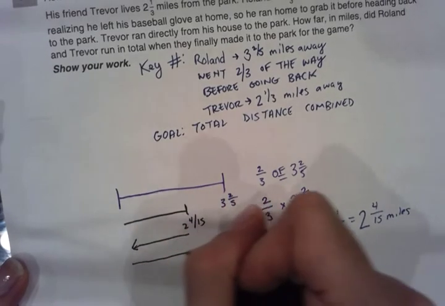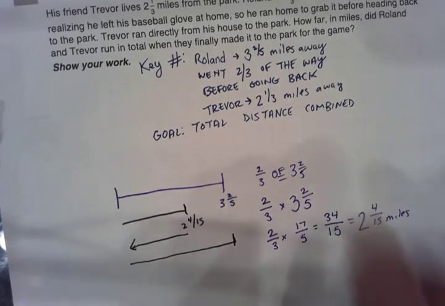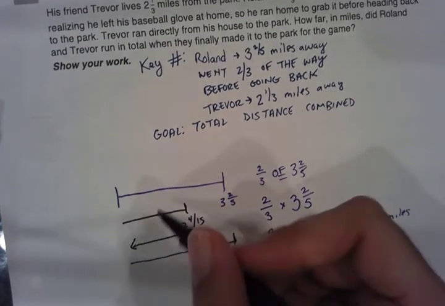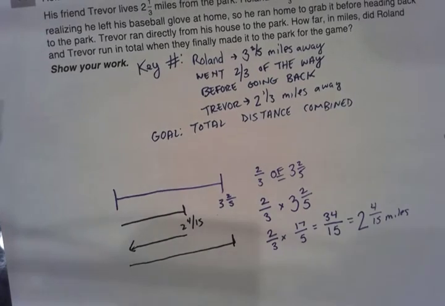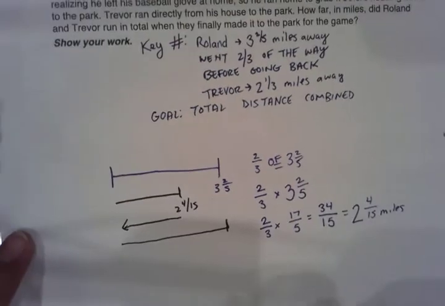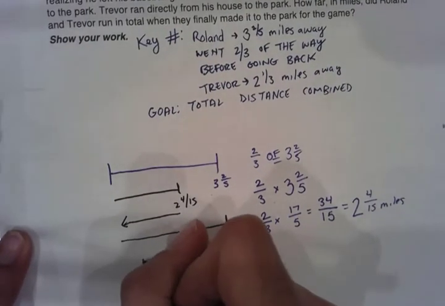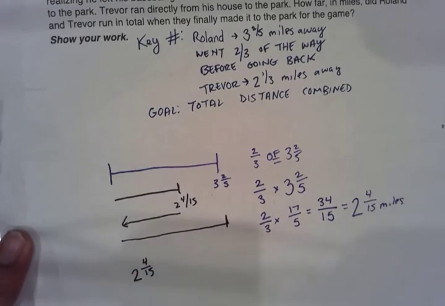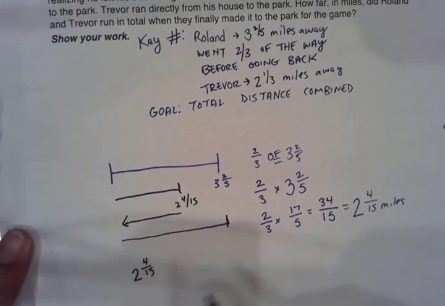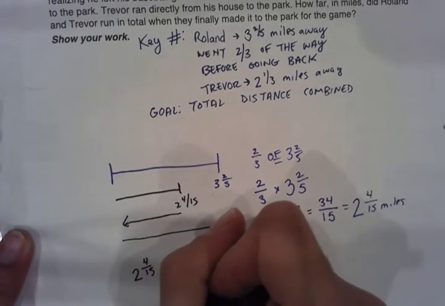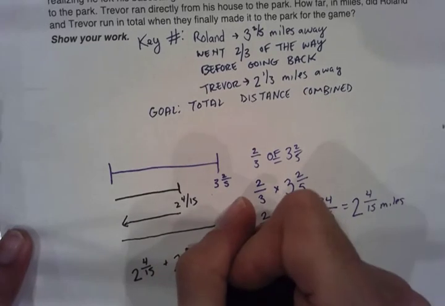Then he finally got to the park. So we have to add up all three of these distances just to figure out how much of a total Roland went. So the first trip, that's 2 and 4/15. The next trip is again 2 and 4/15.